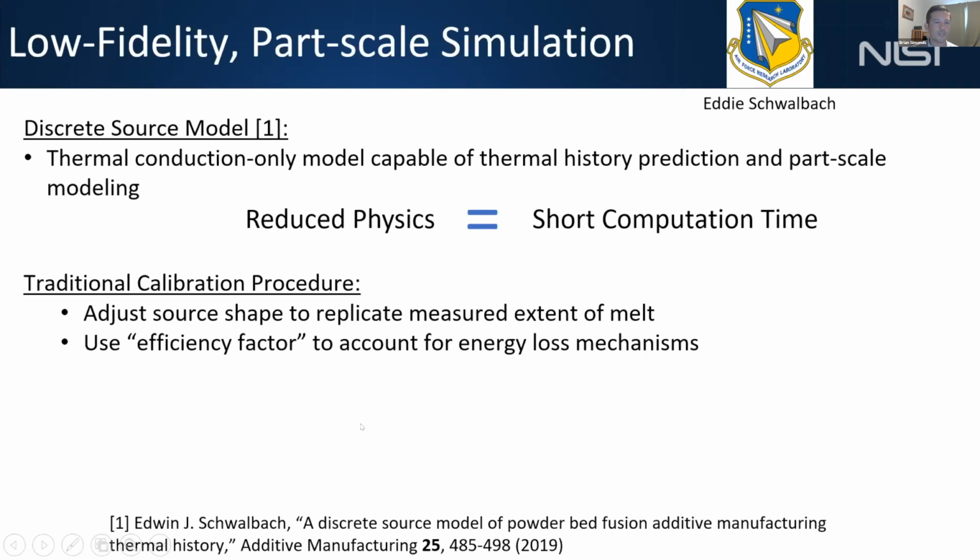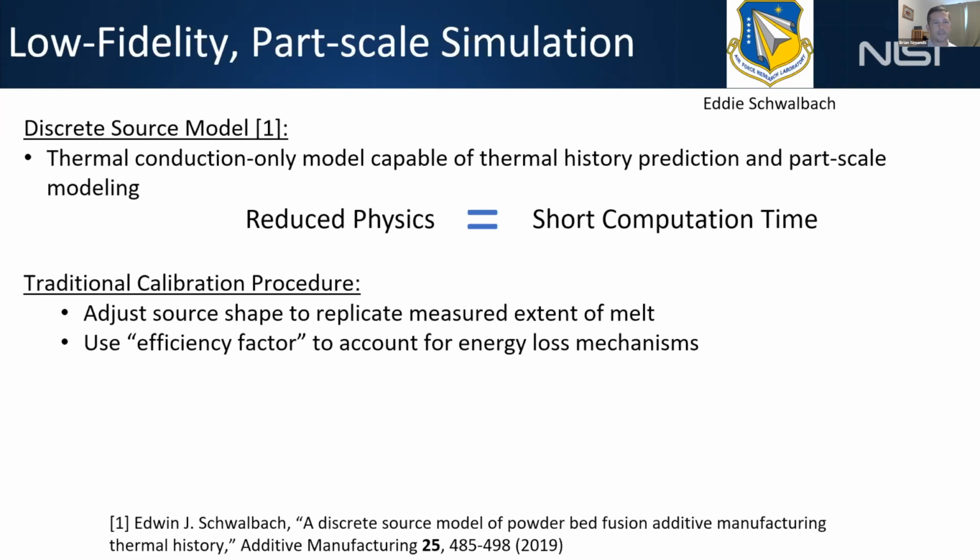The calibration procedure that he has traditionally used is one where you have a volumetric source shape that you can adjust as a tuning parameter to replicate what is experimentally determined to be the extent of the melt zone. There's also an efficiency factor, which mainly accounts for the fact that the model is not explicitly taking into account radiative losses and vapor losses.